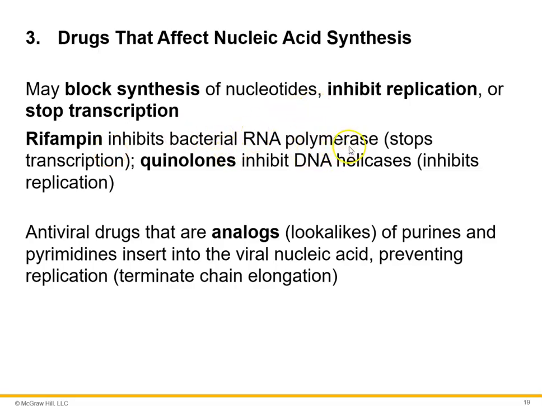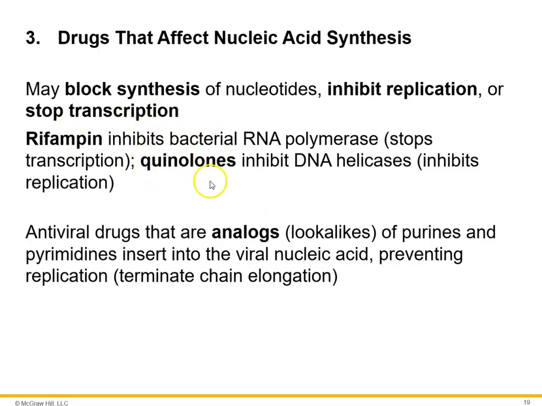This is an enzyme that helps the bacteria transcribe information from DNA into RNA. And remember that RNA goes on to be made into a protein. So if you stop transcription, what you're ultimately stopping is protein synthesis down the line, and then the cell can't make the proteins it needs to live, and it dies.